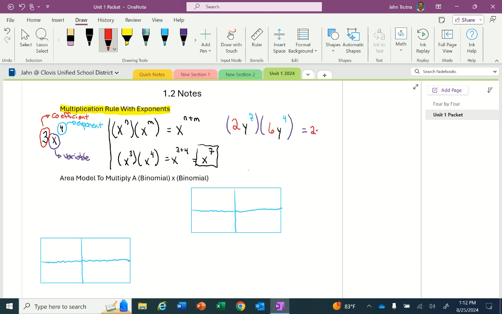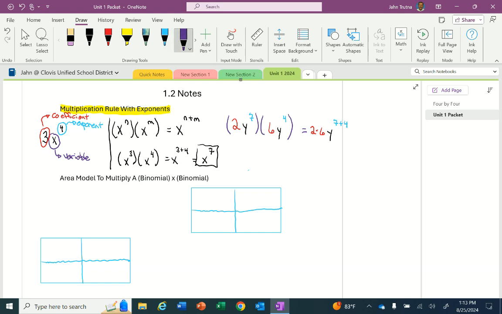So you would go 2 times 6, and then you would have the y, and then you would apply the multiplication rule of the exponents where you would add the 7 and the 4 up. Okay, so multiply the numbers in front, if there are numbers in front, 2 times 6, and then you add the exponents together. And the variable, you just smush those two y's together and make it one y.